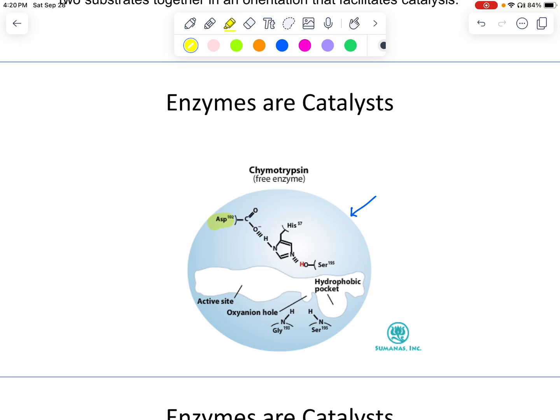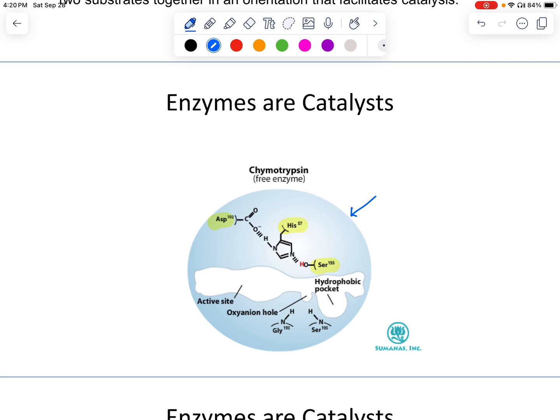So we have our aspartate, our histidine, and our serine. And that area shown in white is our active site. It'll be somewhere near the surface of the enzyme, and that is where our substrate will come in, and somehow that reaction will be catalyzed.